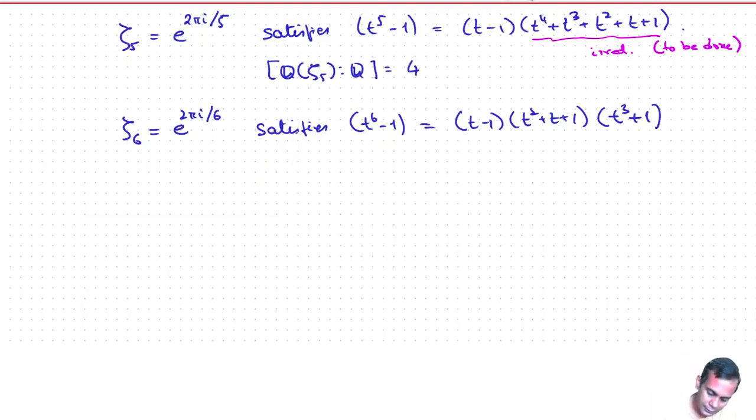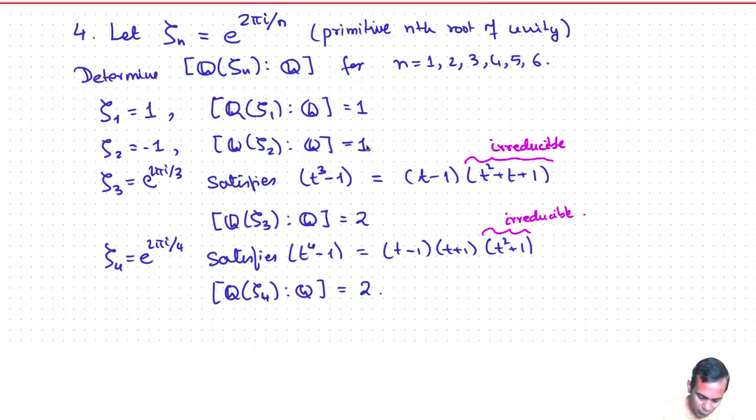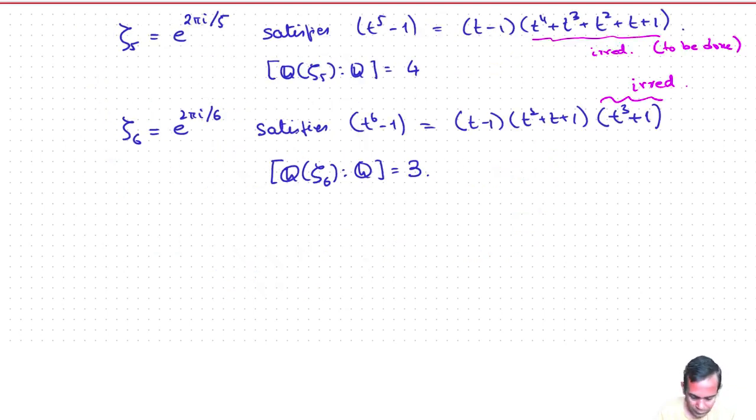So this is irreducible, and so what we get is that the degree of [Q(zeta 6) : Q] is equal to 3. Okay, so we have an interesting sequence here: 1, 1, 2, 2, 4 and 3.